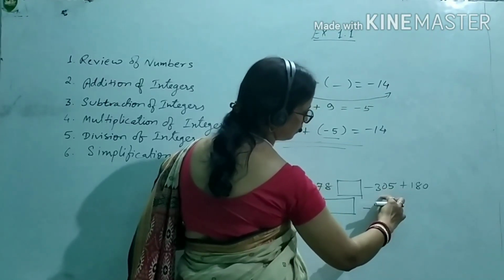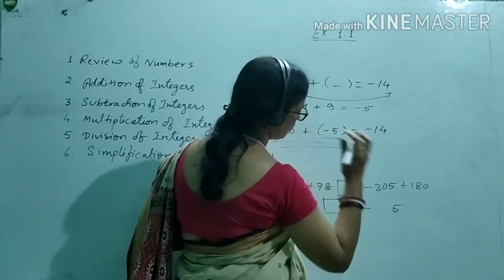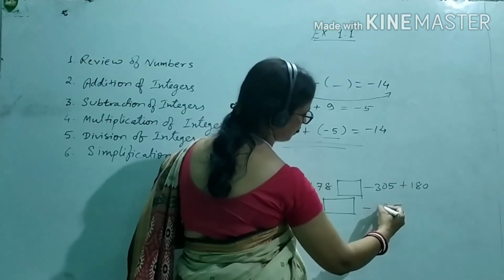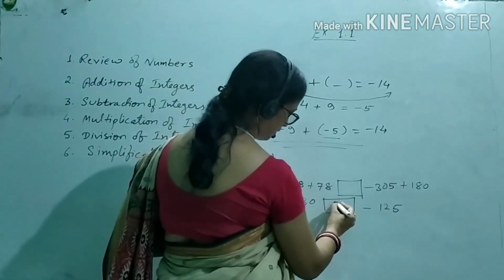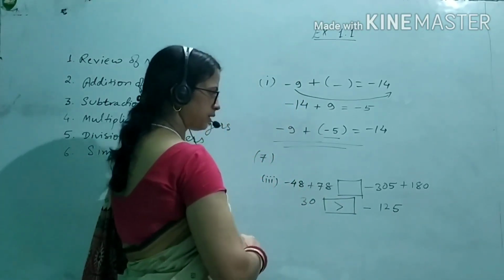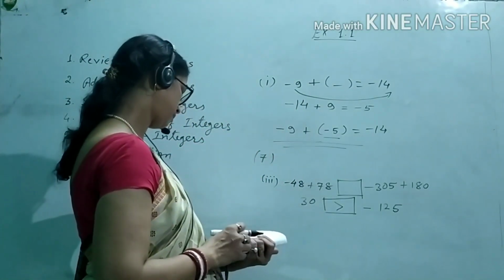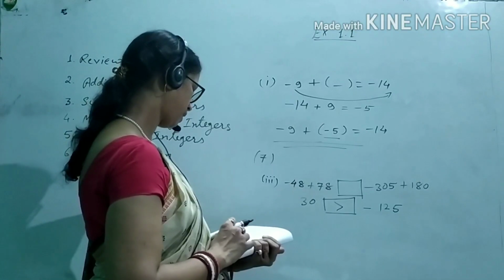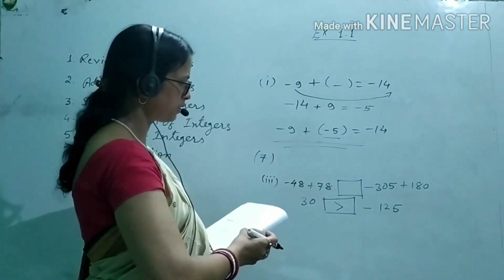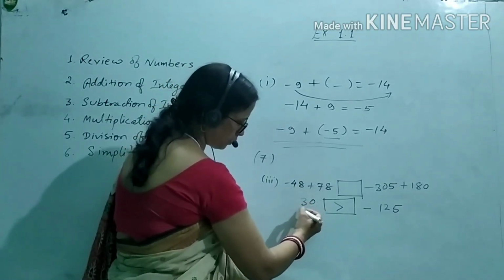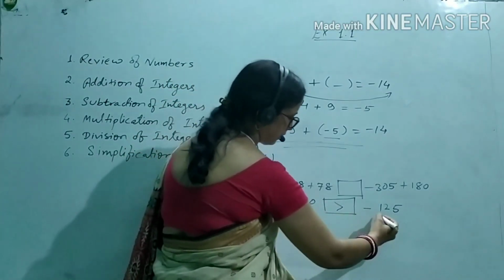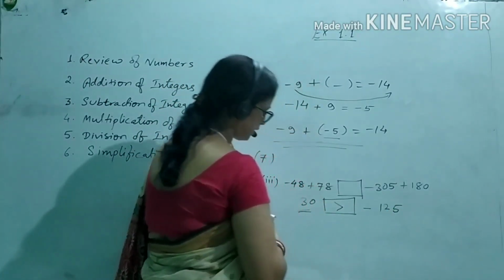So 30 is greater than minus 125. Okay, now this statement becomes true because 30 is a positive number and minus 125 is a negative number.